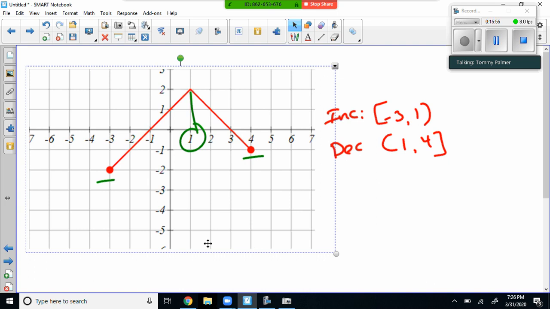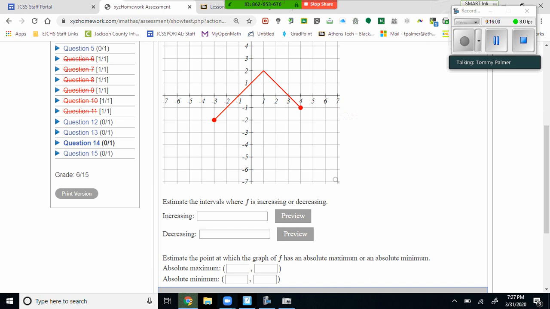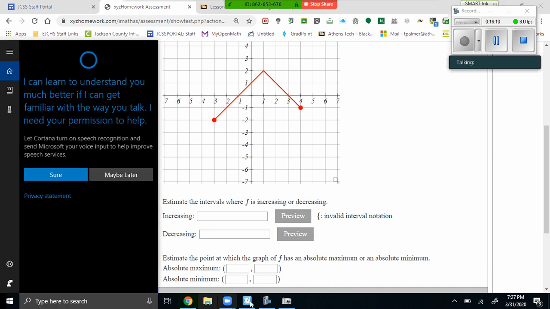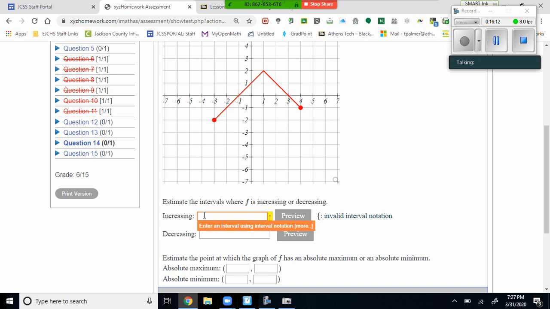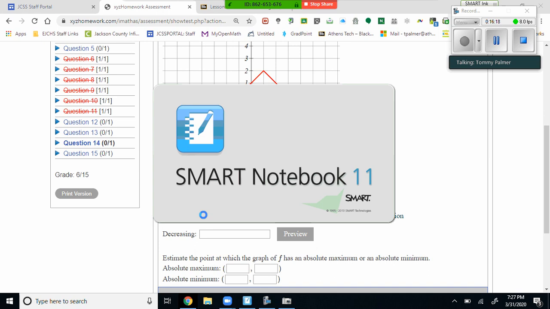I guess I can type it in and see what it does. So should do it -3 comma. Well, I started that. Shoot.